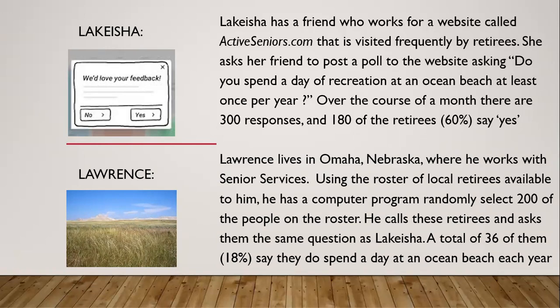He asks his computer program to randomly select 200 of the people on the roster. He calls them and asks them the question and finds out that of those retirees from the Omaha area who were randomly selected, 36 out of the 200, or 18%, said that they had spent a day in an ocean beach at least once a year. All right, so that could be another approach.